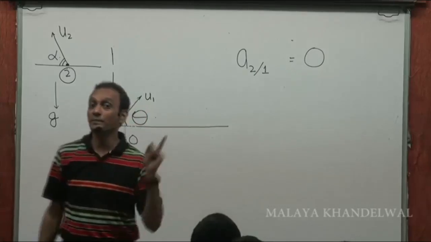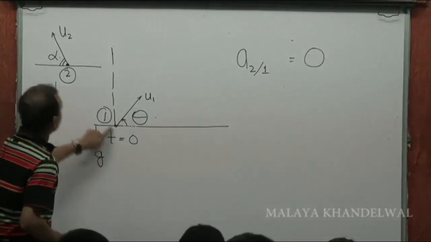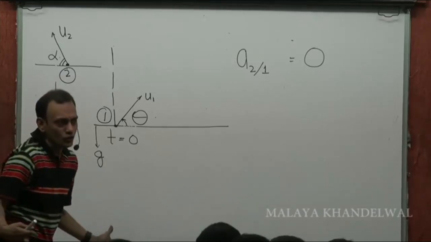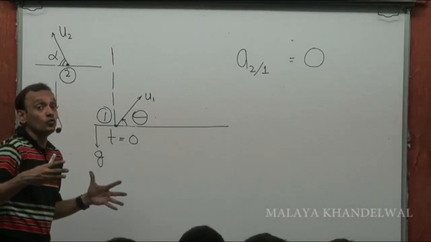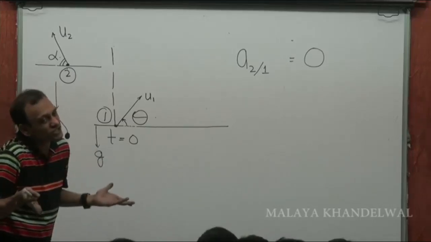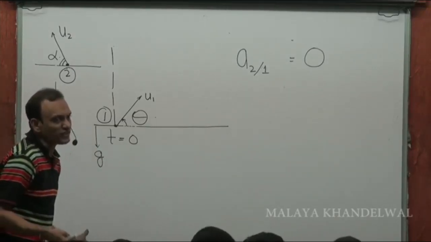That means 1 does not perceive any acceleration on 2. That means 1 finds 2 to be moving with constant velocity.